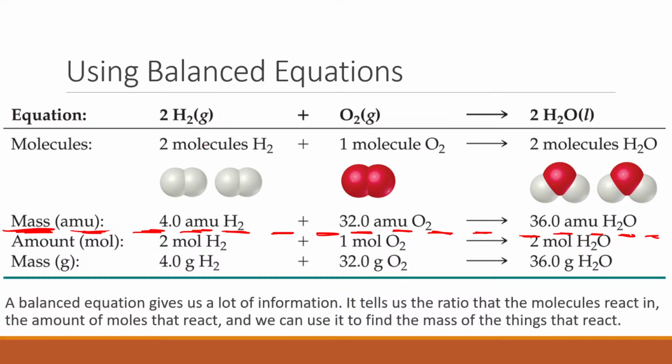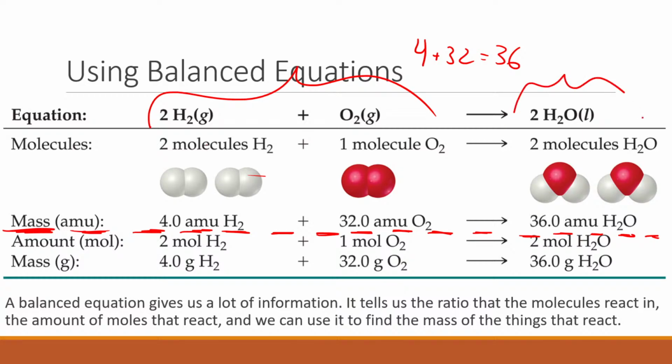Something to note here, this reads just like any other math problem, right? 4 plus 32 equals 36. The sum of the mass on the left will be equal to the sum of the mass on the right, because these pieces, right, 4 whites and 2 reds, are the same thing here, 4 whites and 2 reds.